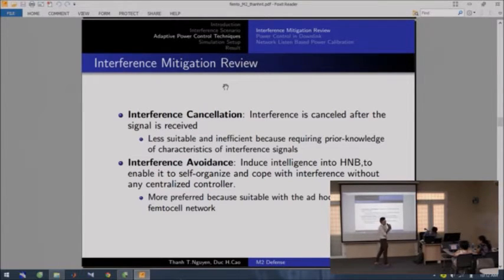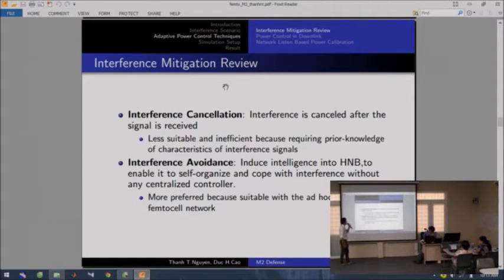First of all, I will review some existing interference mitigation techniques in femtocell networks. These techniques can be divided into two types: interference cancellation and interference avoidance.